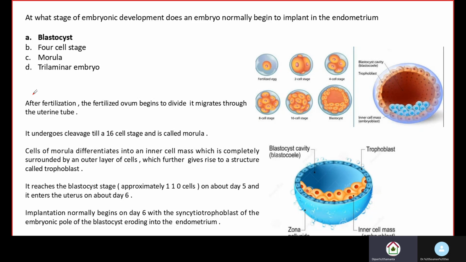It migrates through the uterine tube, undergoing cleavage, dividing to form 2-cell stage, 4-cell stage, 8-cell stage, 16-cell stage, and at last it will become blastocyst. And the 16-cell stage is called morula.